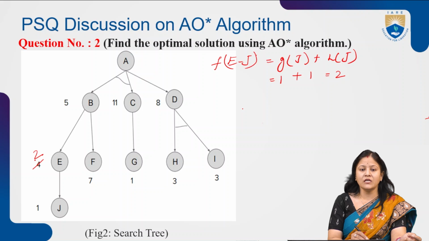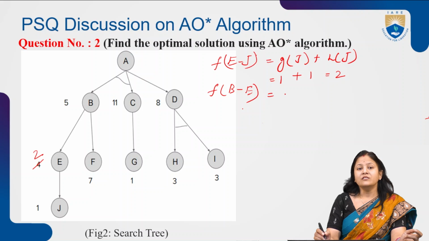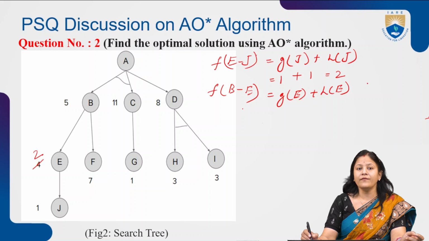As it has been changed, again I have to find out the cost of this B. So F of BE is equal to G of E plus H of E. What is G of E? G of E is 1, H of E is 2. That is equal to 3.